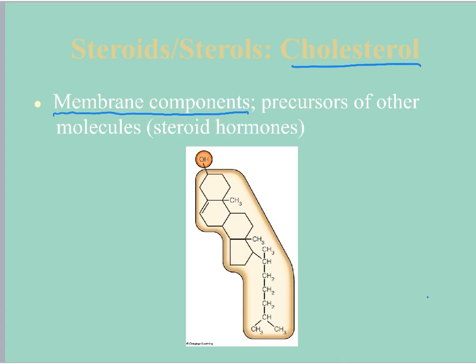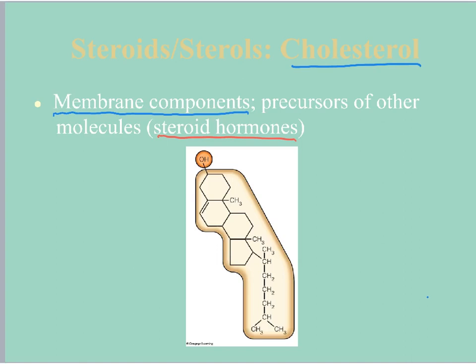Not only are sterols membrane components, but they're precursors of other molecules. They're what give rise to things like steroid hormones. These hormones are things like estrogen and testosterone and progesterone and a number of different hormones that are active in the body.